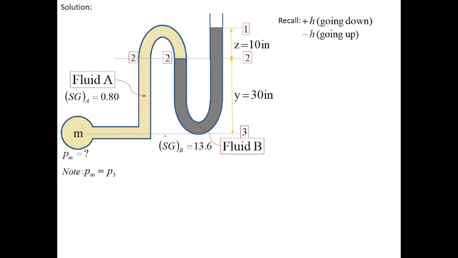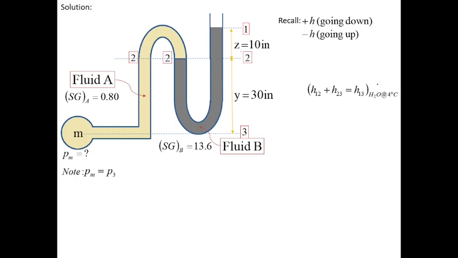So that is for the fourth step. If we go down from level 1 to level 2, that is plus H. If we go up from level 3 to level 2, that is minus H. Now this will be the equation applying step 4.